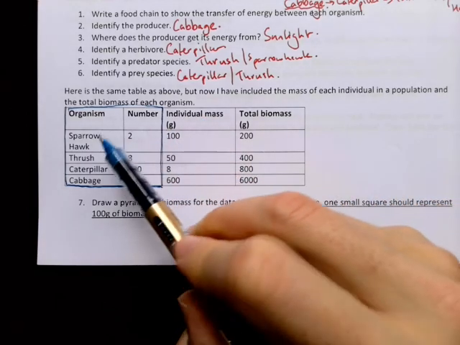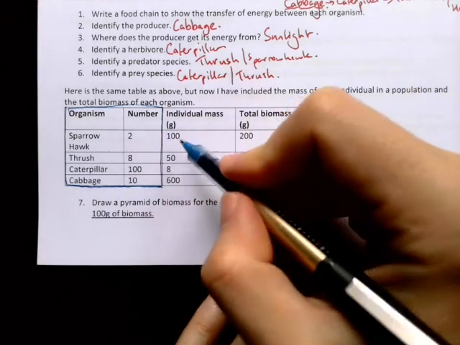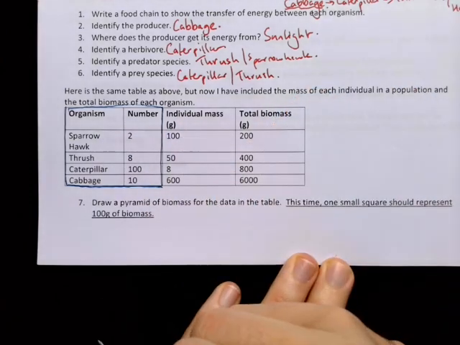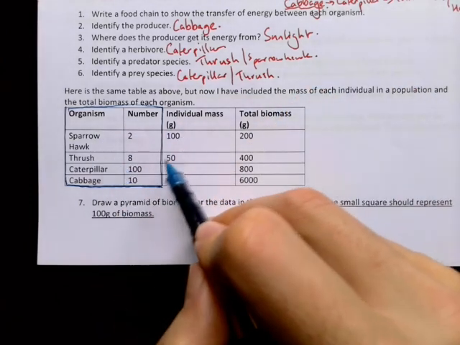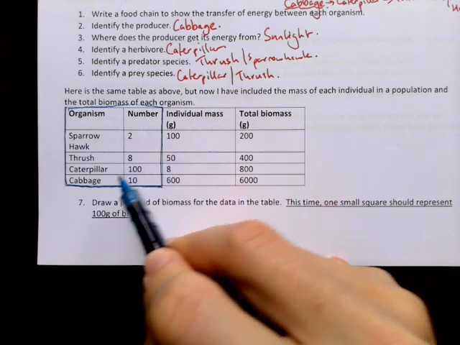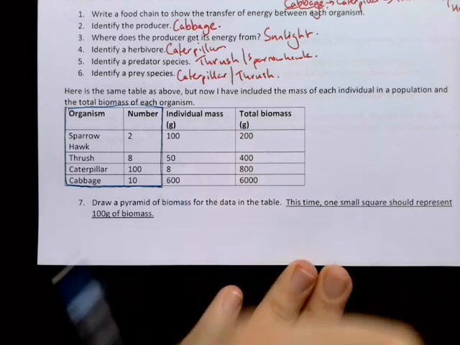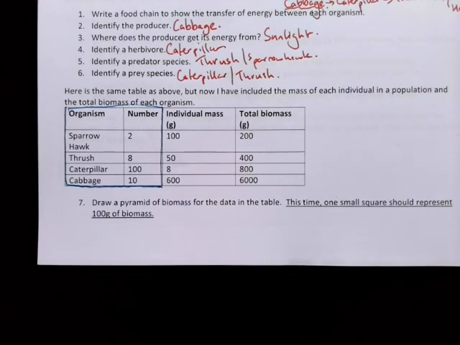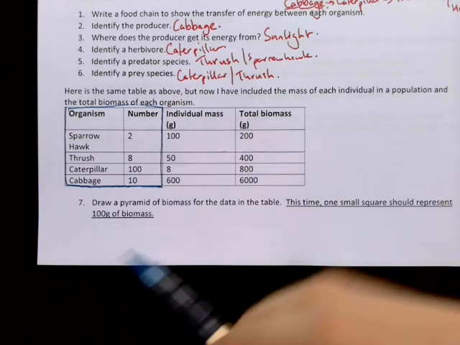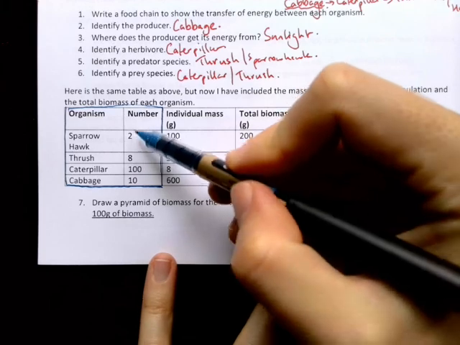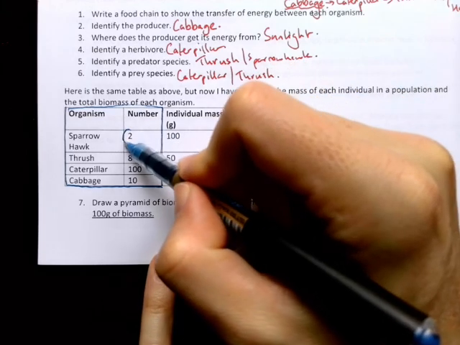So one sparrowhawk is 100 grams. One thrush is 50 grams. One caterpillar is 8 grams. And one cabbage is 600 grams. All right. So what we can do now is find the total mass of all of the sparrowhawks.